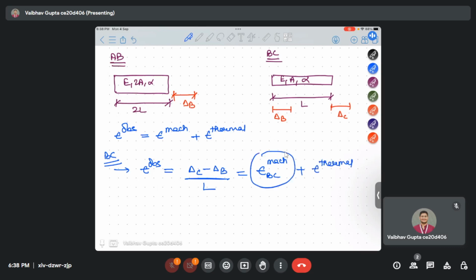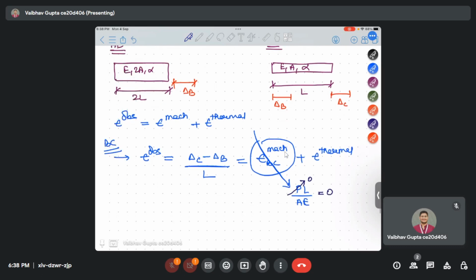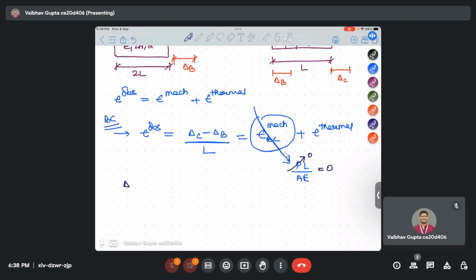The mechanical strain is PL over AE, which we have seen earlier, how to calculate mechanical strain for a uniaxial state of stress. And since P is 0 for the BC case, this epsilon mechanical will become 0. Now we are left with delta C minus delta B by L, which is equal to epsilon thermal. And I've given you the formula to calculate epsilon thermal, which is alpha delta theta. So delta C minus delta B will be equal to alpha delta theta into L.